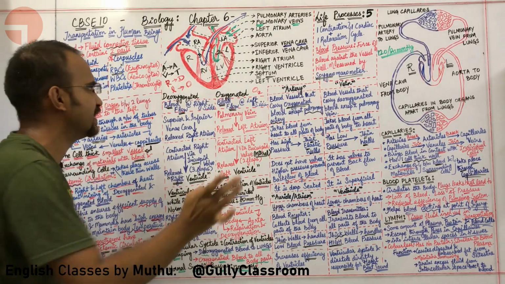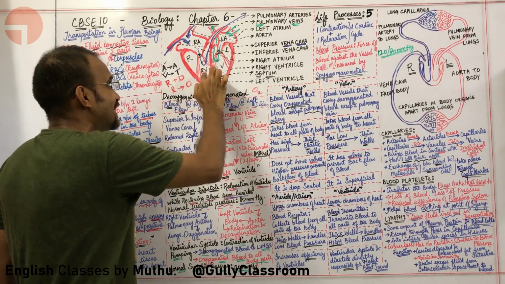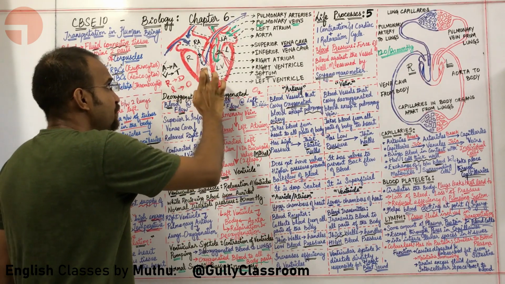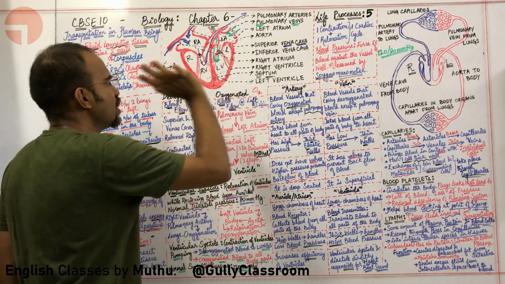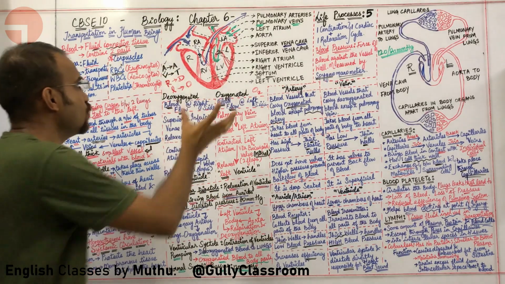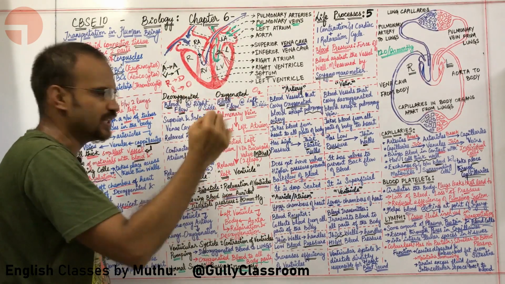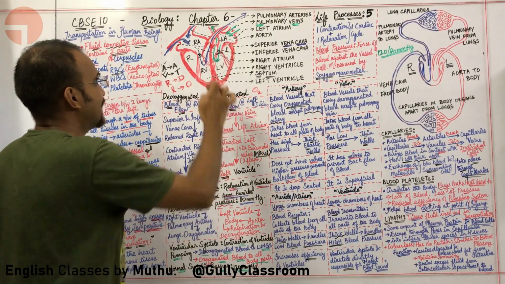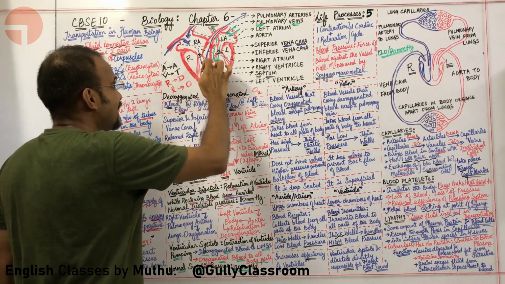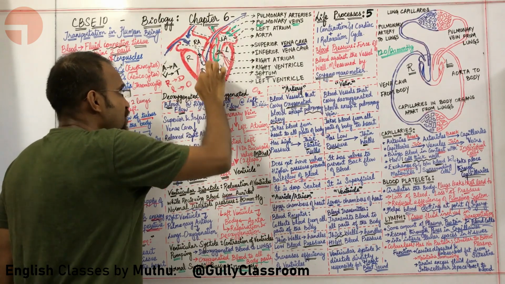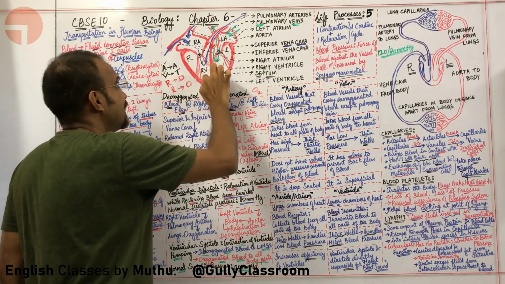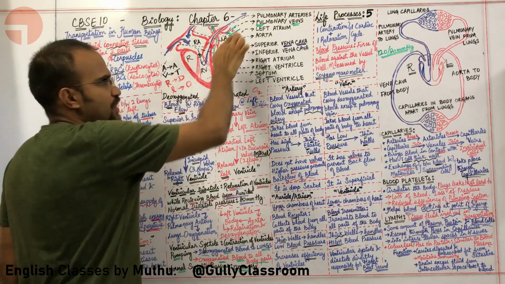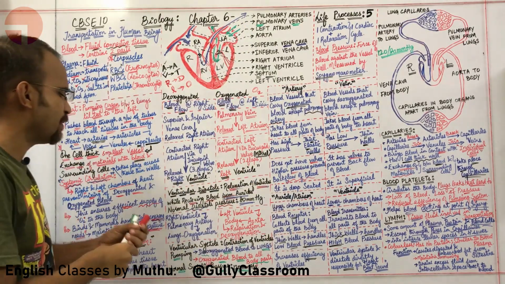Now what is happening? Here in the right ventricle there is deoxygenated blood, and here in the left ventricle there is oxygenated blood. Okay, now the ventricles are contracting. When the ventricles are contracting, the deoxygenated blood, which is drawn in blue color, will be pumped to the lungs for oxygenation. Am I right or wrong?